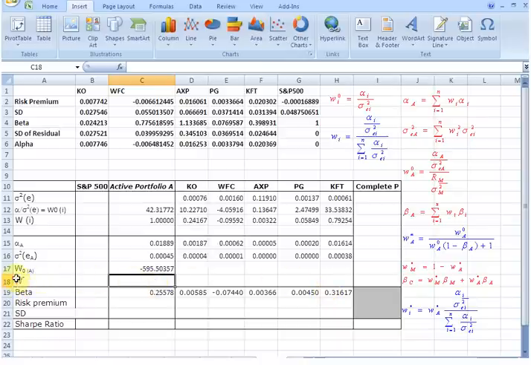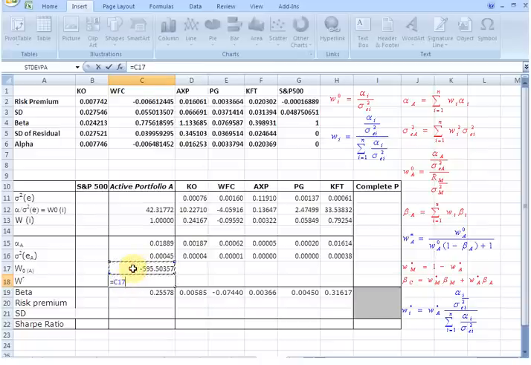Now we are ready to find the final weight on the active portfolio, for which we can use this formula here. Let us implement it in this cell. What we have on the numerator is the initial weight on the active portfolio, which is this cell reference, and we need to divide this by 1 plus 1 minus beta of A, which is this, and multiplied by the initial weight on the active portfolio, which is this.